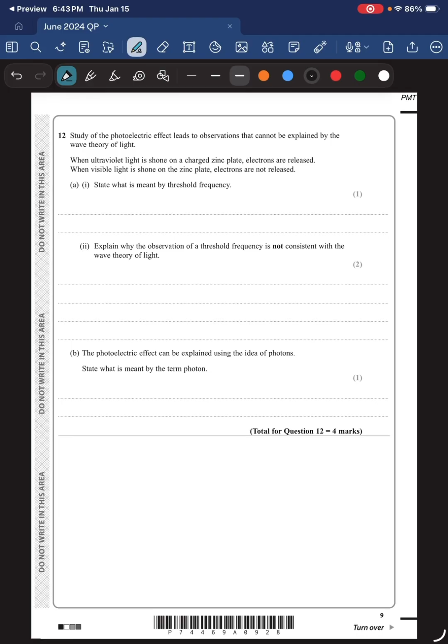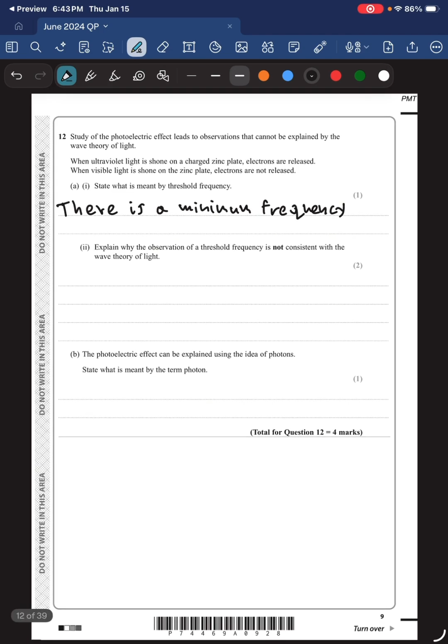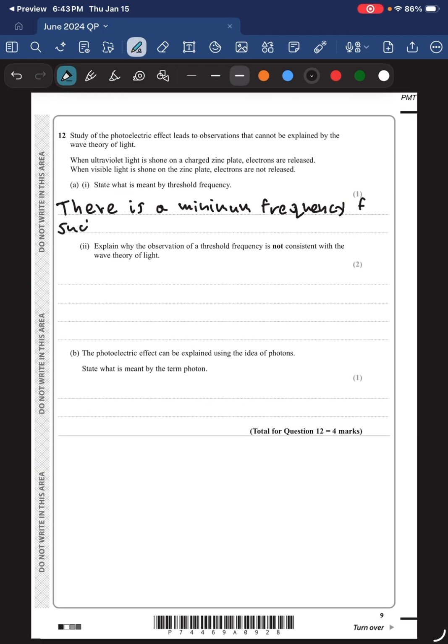Okay, so there is a minimum frequency, okay, F, such that HF is equal to the work function, okay? If F is larger than the minimum frequency, electrons are released.